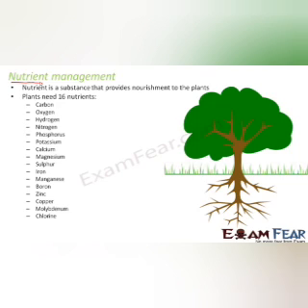So these are the 16 nutrients needed by a plant. If a plant gets all of these nutrients in proper amounts, then the plant will be healthy. Correct? Now how do plants get these nutrients? Because plants do not move, they do not eat food, right? So how do they get these nutrients?